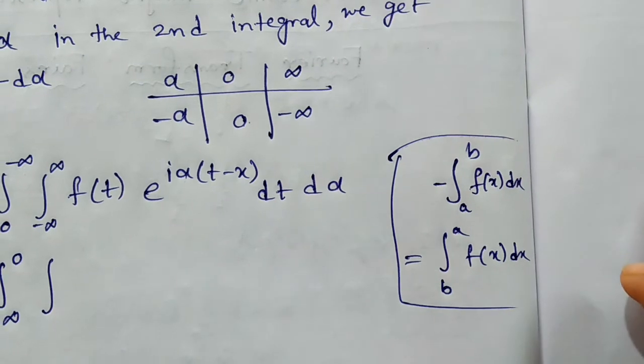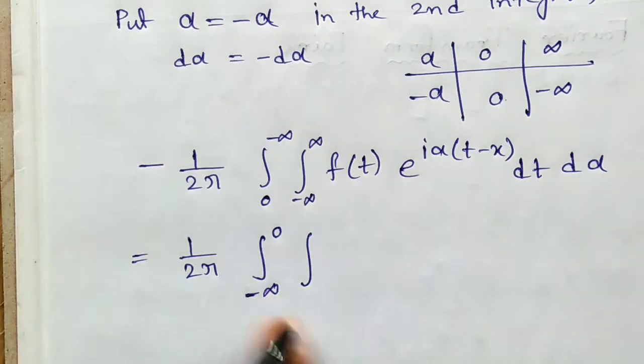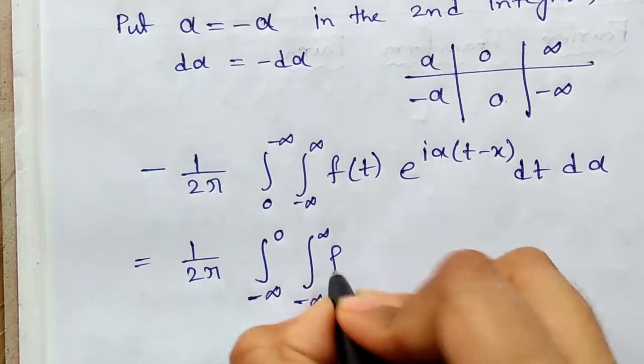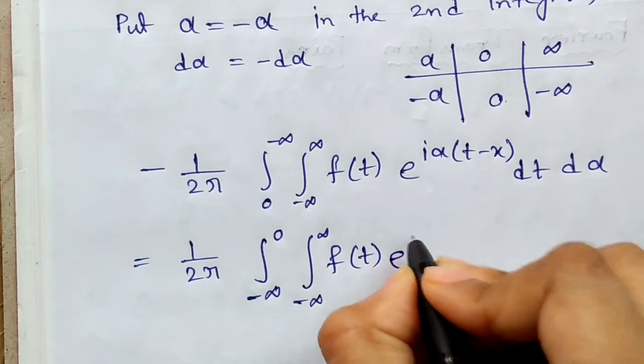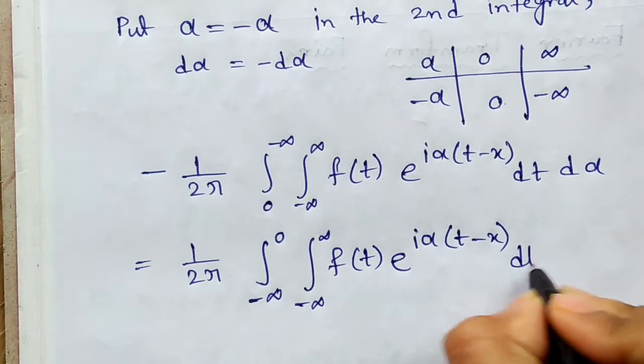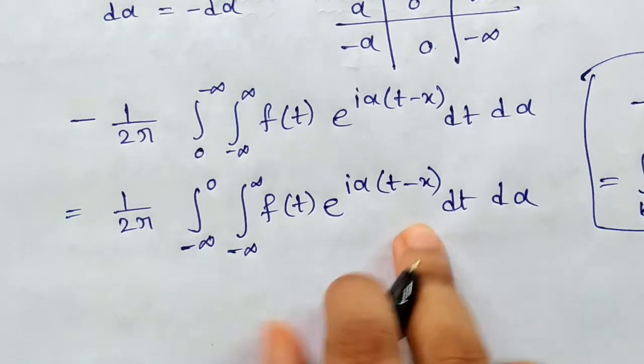So the remaining part is f(t) e to the power i alpha(t minus x) dt d alpha. So we get this.